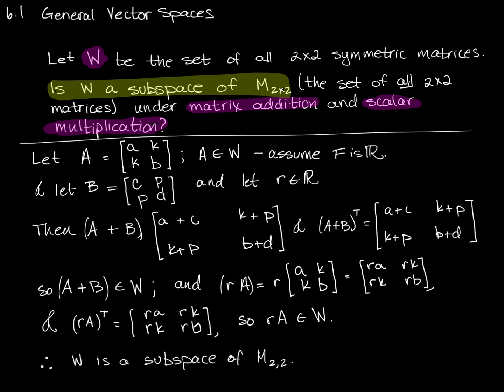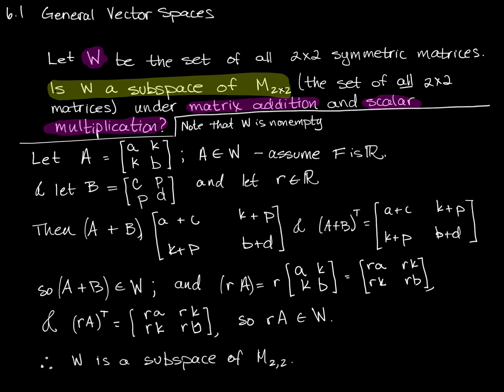Let me write that in somewhere. Okay, so I've added it up here. Note that W is non-empty. There's another one though. The 0 vector, we'll call it the 0 vector, equals 0, 0, 0, 0, is an element of W. All right, this is a symmetric 2 by 2 matrix.